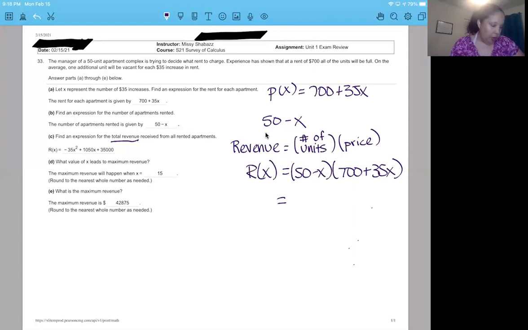If we FOIL, I'm going to have 50 times 700, which gives me what? 3,500. 50 times 35x is 175x. Negative x times 700 gives me a negative 700x. And then a negative x times 35x is negative 35x squared.